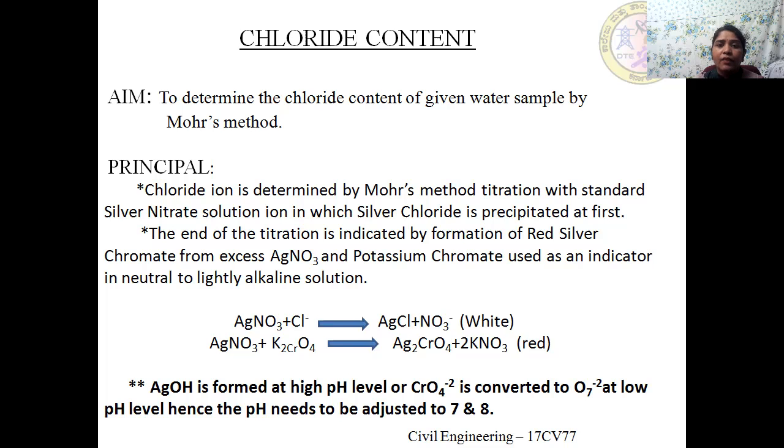At the same time, as we use potassium chromate indicator, the chromate CrO4 2- gets converted to dichromate Cr2O7 2- at low pH values. Hence, the pH needs to be adjusted to 7 to 8.